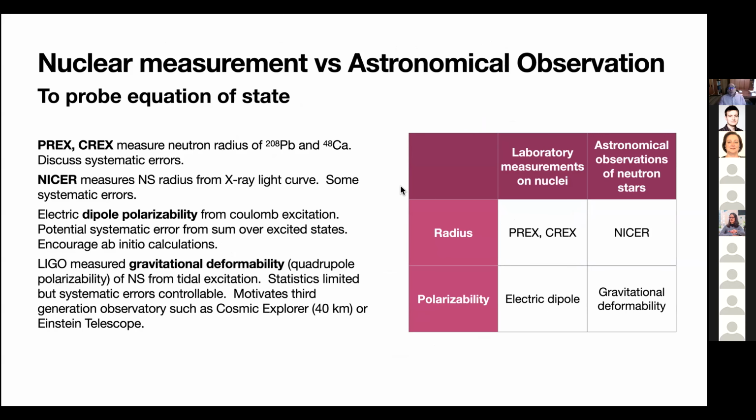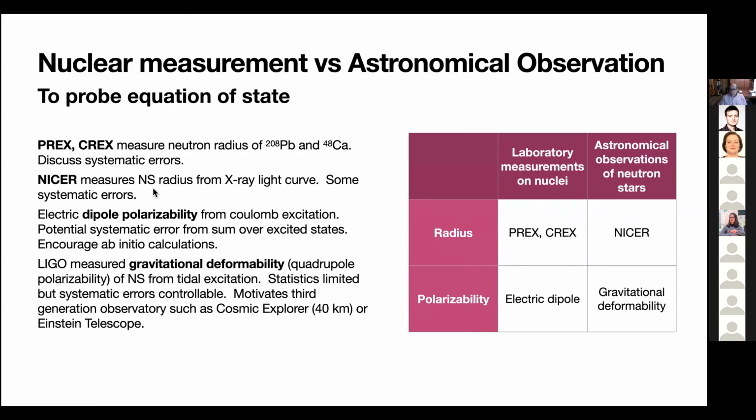Okay, so let me compare laboratory measurements on finite nuclei with astronomical observations of neutron stars. One can measure radii, so PREX is measuring the neutron radius of lead. NICER is measuring the radius of a neutron star.